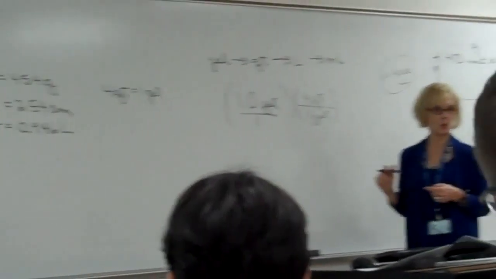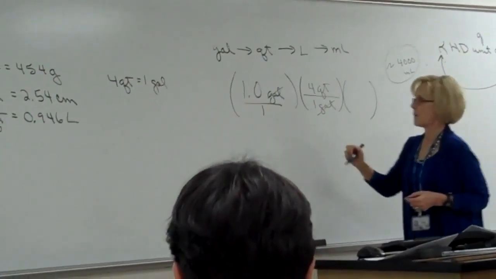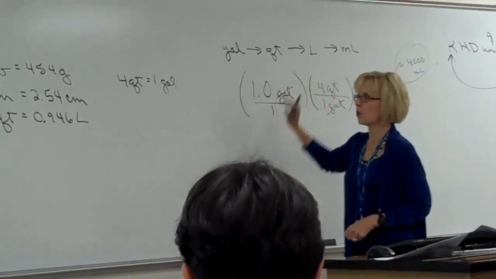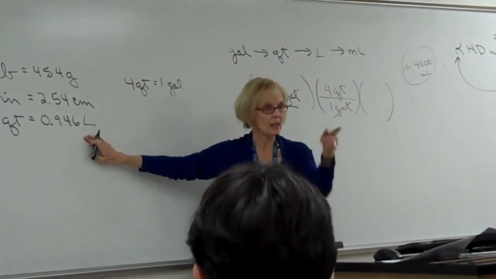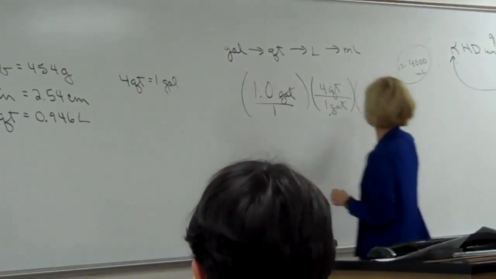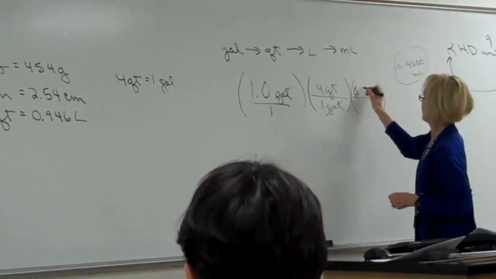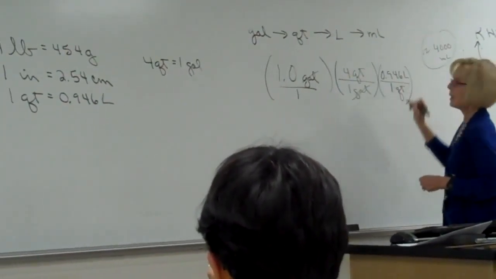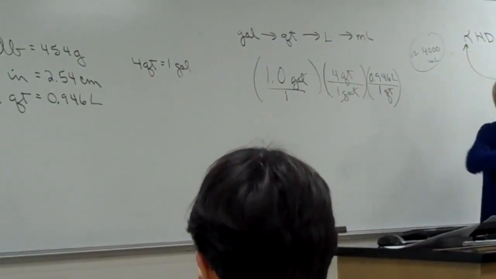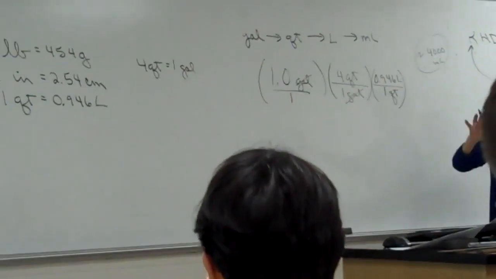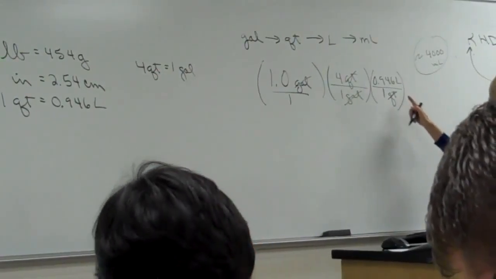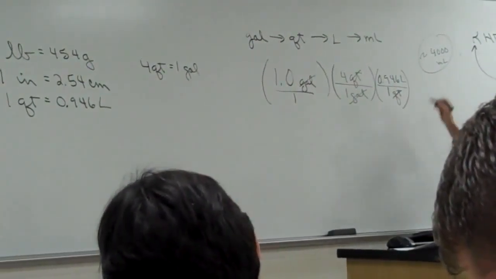Okay, this moves us into quarts. No problem, we got 4 quarts. Now, I want to go to liters, and this is what I pointed out wrong before. I want to use this. Allison, tell me what to write. 0.946 liters over 1 quart. And I know it takes your time to write down your units, but that's your safety net. And so now quarts and quarts cancel. We are at liters.